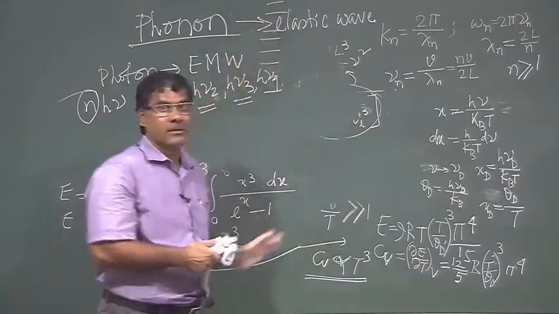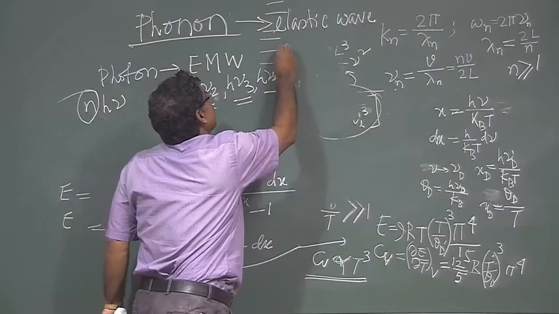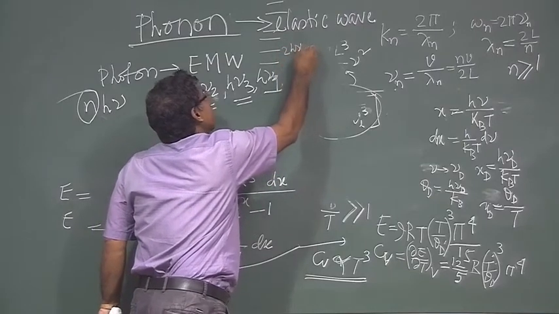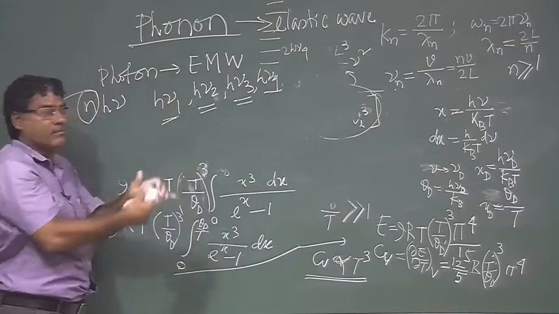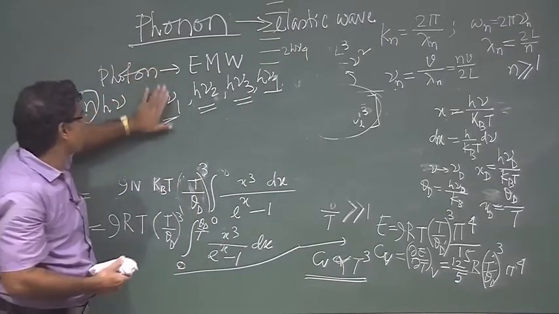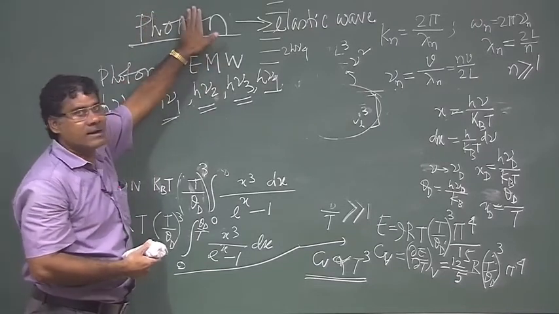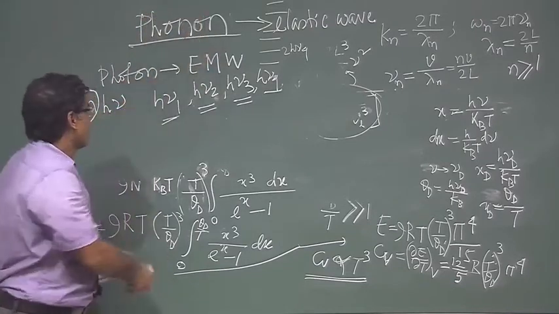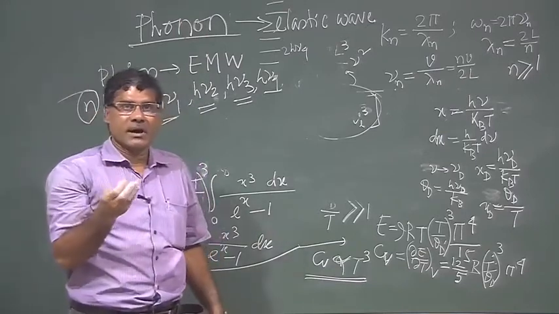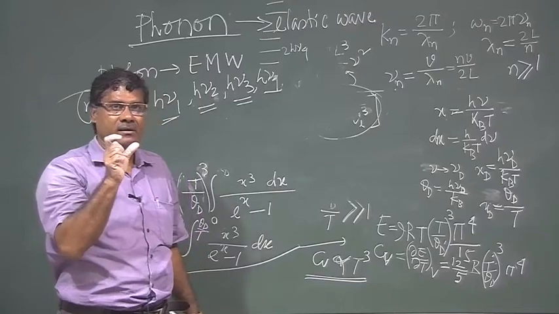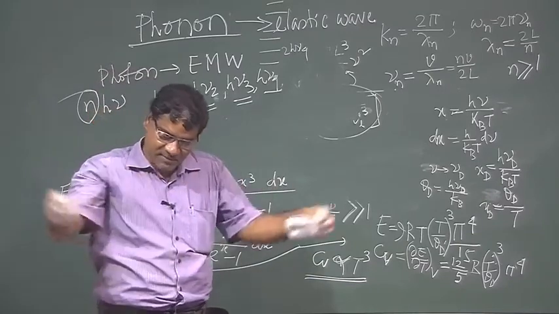So, this will be 2 h nu 4, but in this case 2 h nu 1. So, it has its own energy and higher energy levels, and this is at ground state.